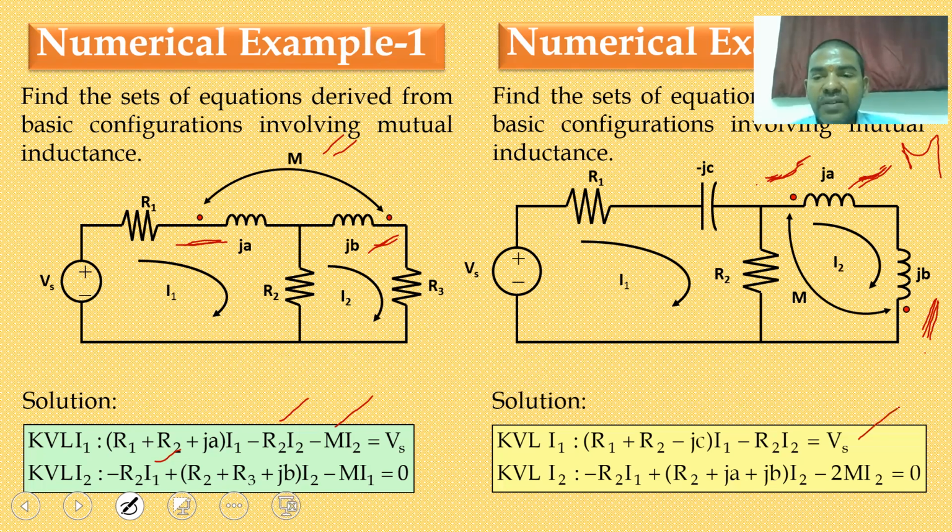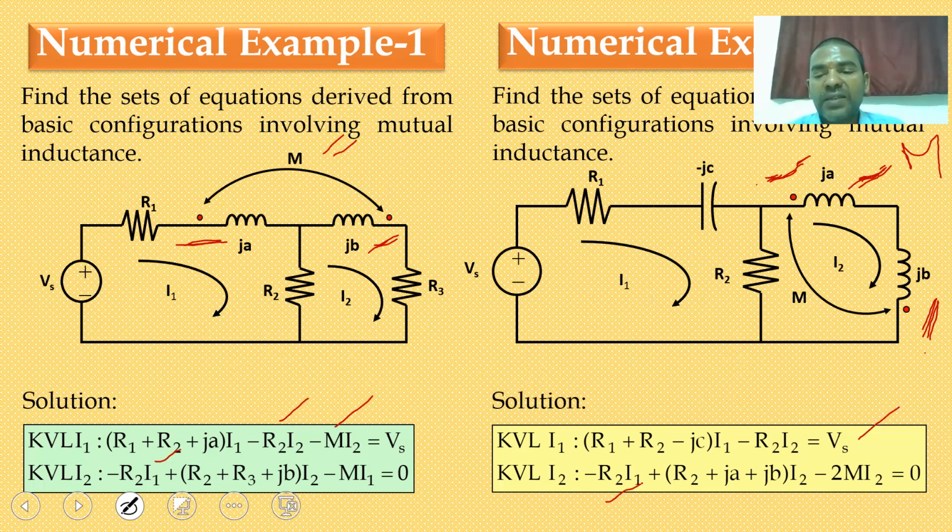Coming to the second equation, R2 is a combination of I2 current and I1 current. The drop of R2 is minus R2 into I1, plus the second loop. What are the passive elements? R2, JA, JB.